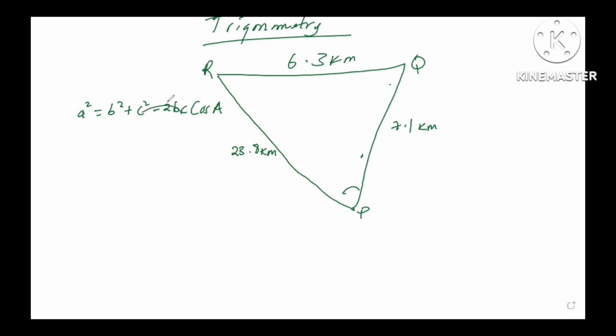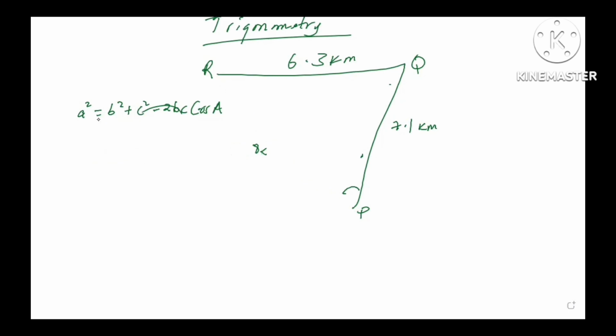So when you do your mathematics from there, you are able to see that when you want to make cos A the subject, it will be A squared minus B squared minus C squared.